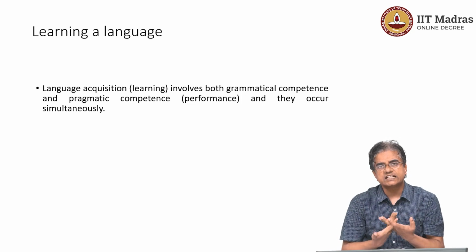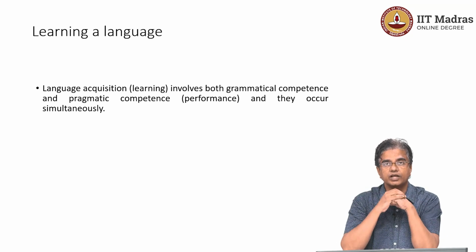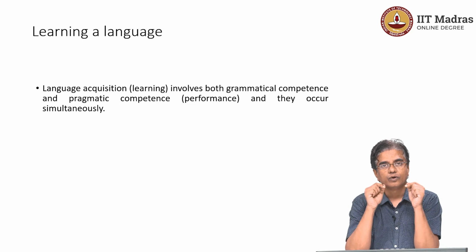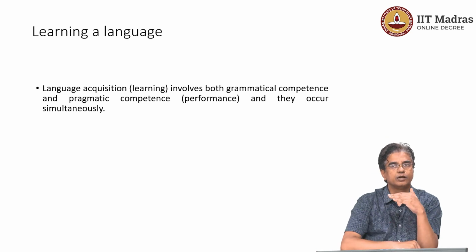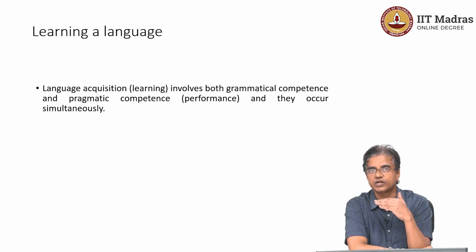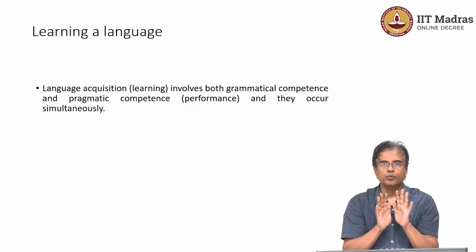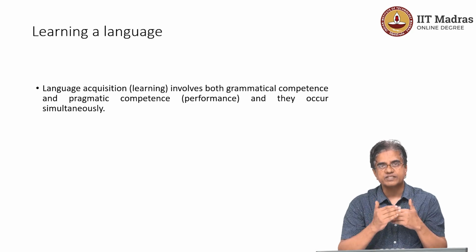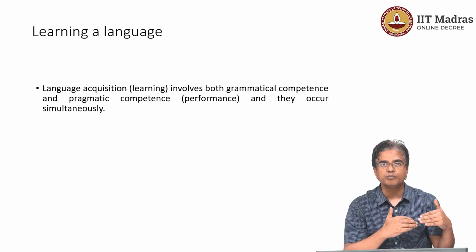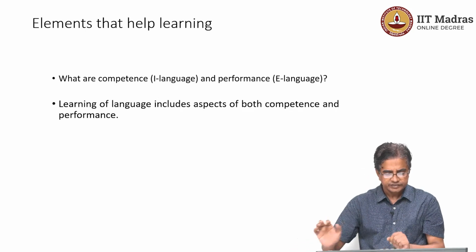So there are certain constraints we apply in the use of language, and they are beyond grammar. They are not grammatical in nature, but they are very important because they go side by side with grammar. So the main point is the entire process of learning of language happens simultaneously with grammatical competence on one side and pragmatic competence on the other side.